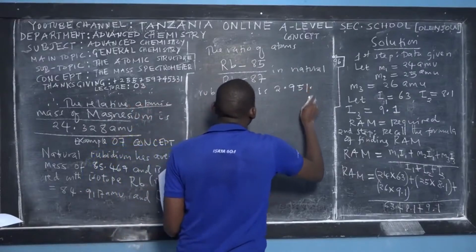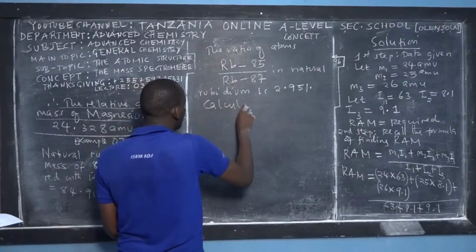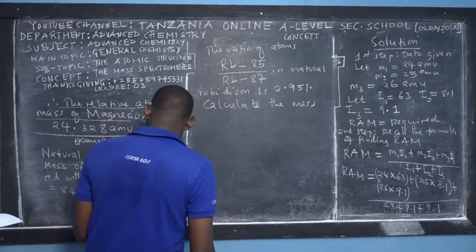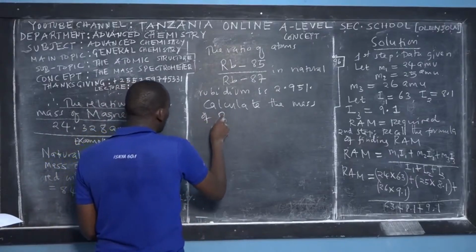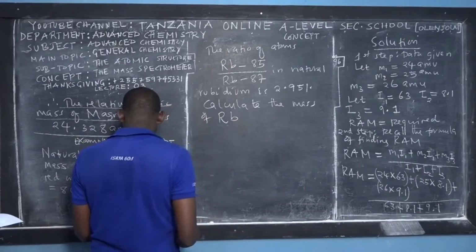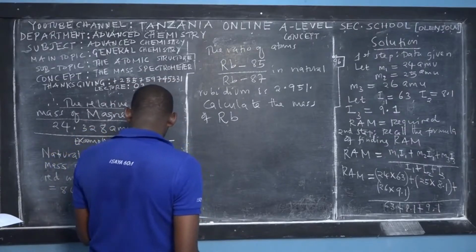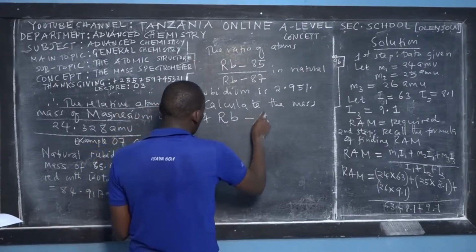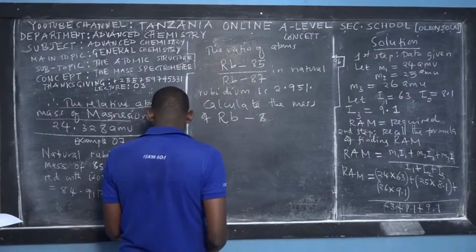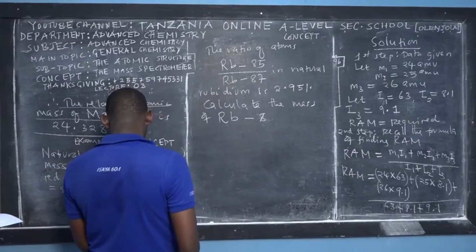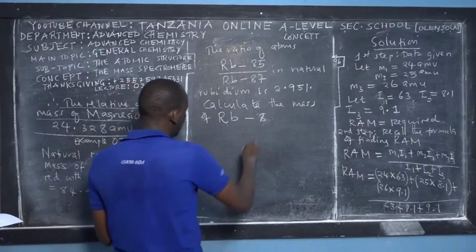Calculate the mass of the second isotope of rubidium. Calculate the mass of rubidium 87.